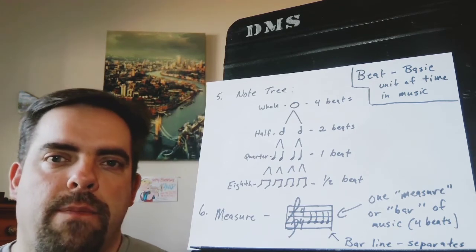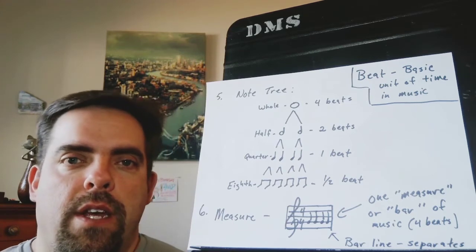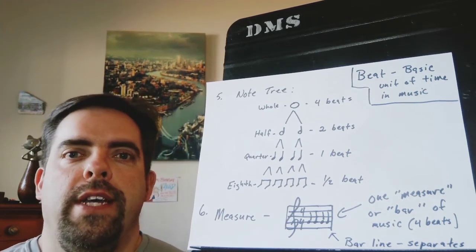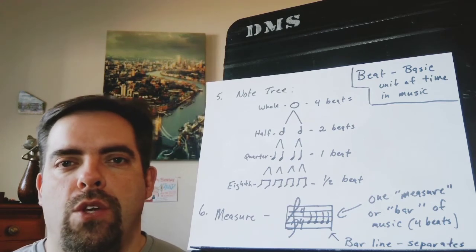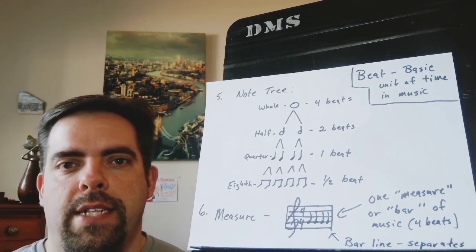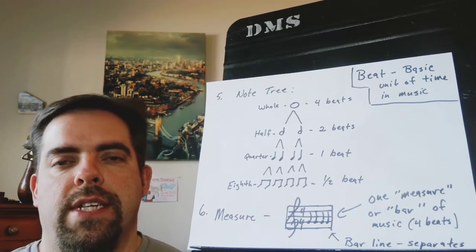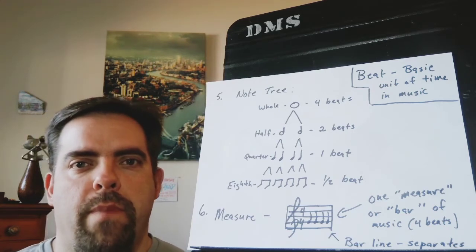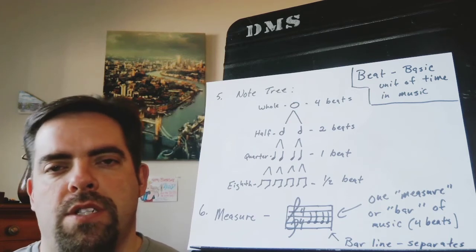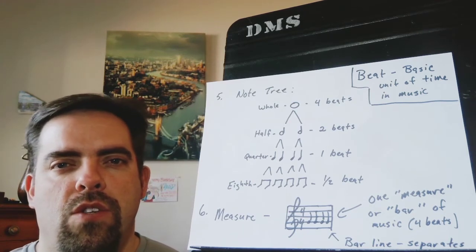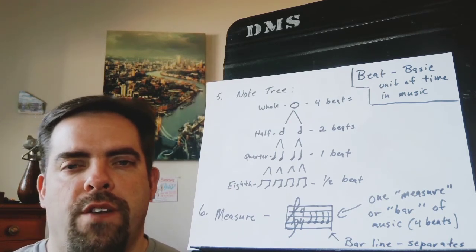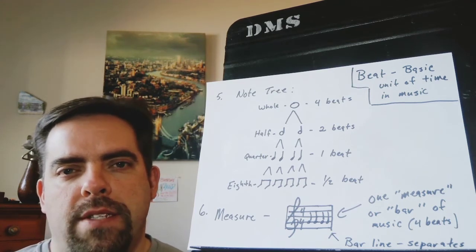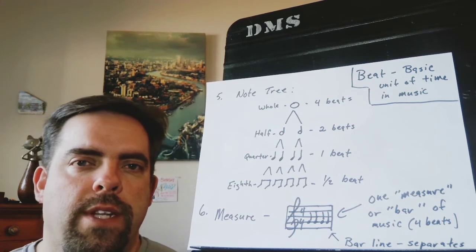Now the last concept on this page is the measure, and the measure is a basic unit inside of a piece of music. A piece of music is made up of measures or bars, and in this case you'll be seeing measures that have a 4/4 time signature, 4 beats in the measure, and the quarter note gets the beat.